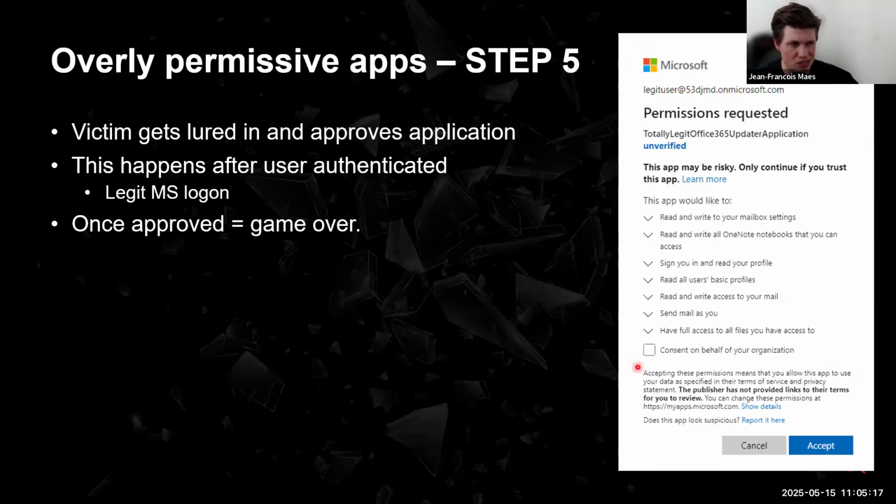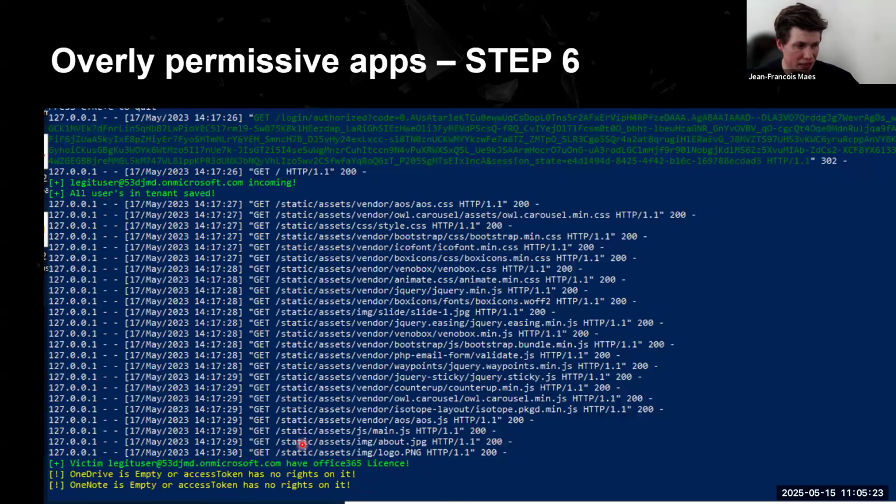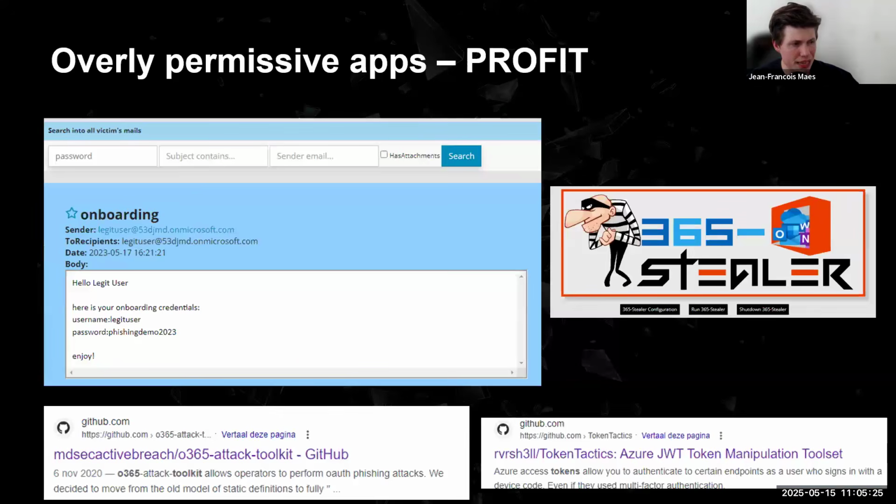They just click accept, and once it's approved, it's game over, right? So what happens in the background? We get the access token here, and eventually, once we have the access token, we could start doing a lot of evil shenanigans, right? So here we could start enumerating a user's email, trying to look for passwords in the email, etc.